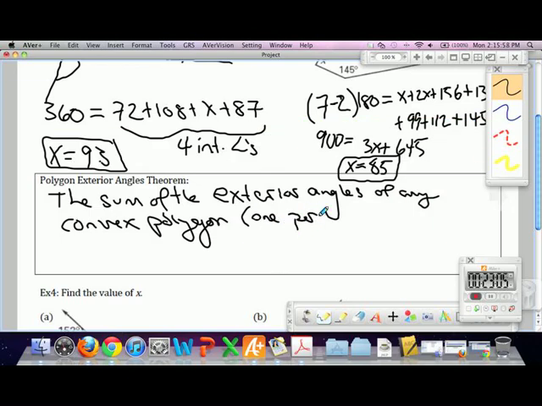You can actually make two exterior angles per vertex, but we're going to go with just one. If you add up one exterior angle per vertex of a polygon, it's always constantly 360. One per vertex.